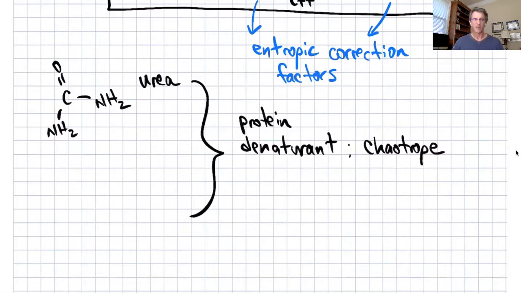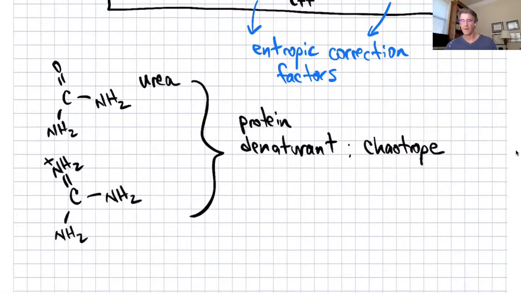There's another common one. You've probably seen this one before. This one's even stronger than urea, right? Let's see if I can write that a little more clearly. Anybody recognize that one?